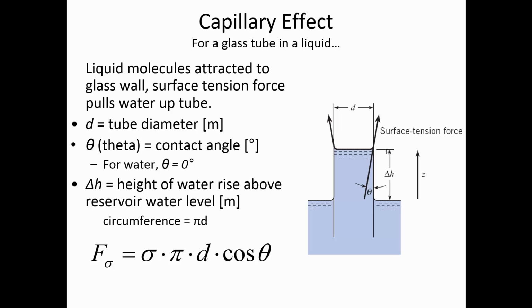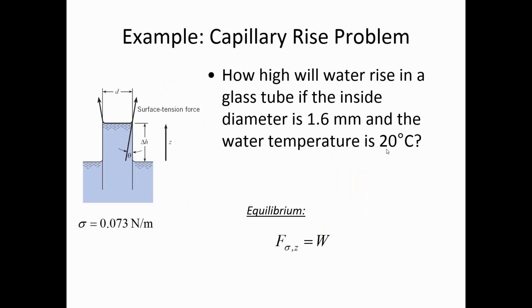So let's do that for a problem where here's the surface tension of water at room temperature, 0.073 newtons per meter. We've got a glass tube with a diameter of 1.6 millimeters, and the water temperature is 20 Celsius. The reason we're given the 20 Celsius is that there are two things we get from it.